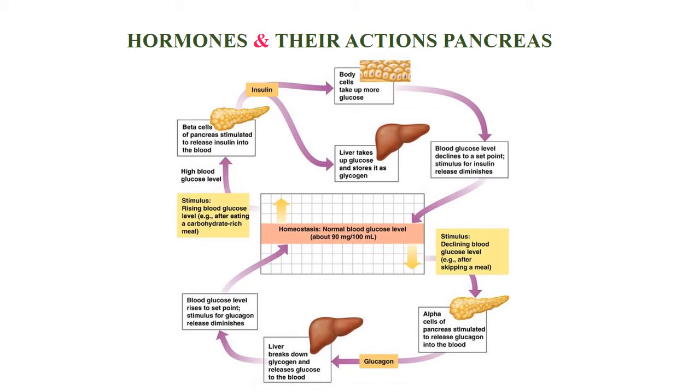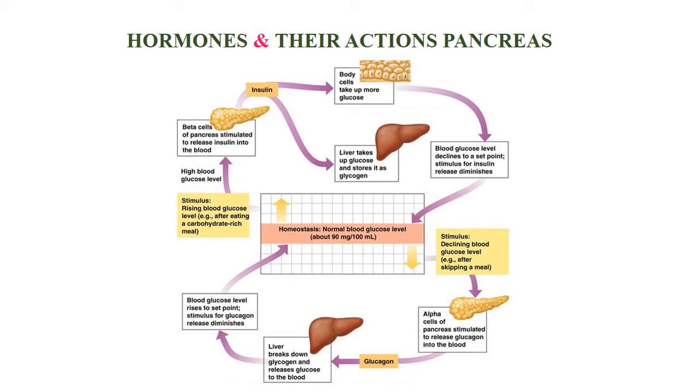In that case, the beta cells of the islets of Langerhans of the pancreas get stimulated, and in turn release insulin hormone into the blood, and thus induce the body cells, somatic cells, to take up more and more glucose, and in that way the blood glucose level declines.